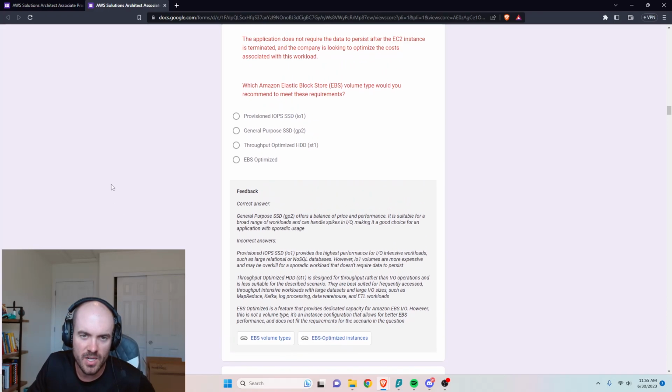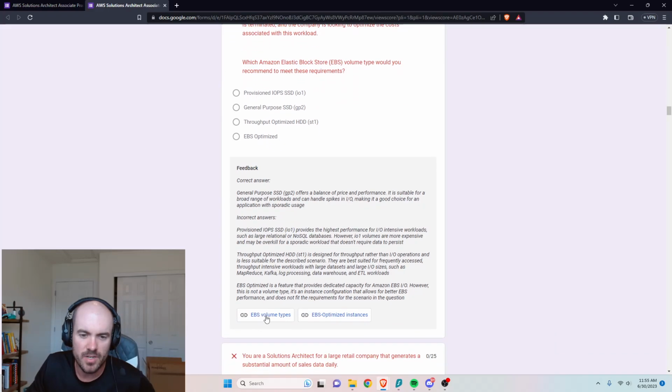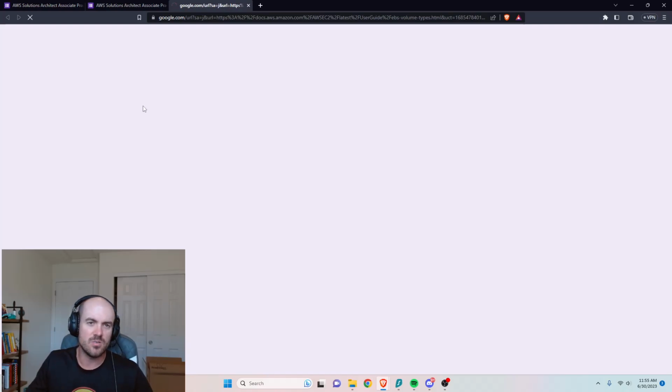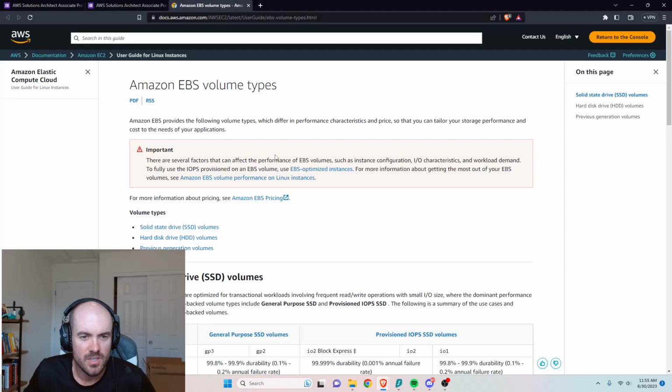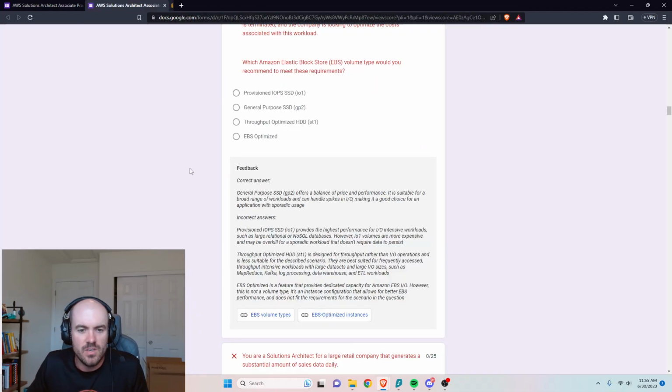So for example here, it looks like we are looking to select the right type of EBS volume. If you didn't select the appropriate type, you could just come here to EBS volume types and compare what each one looks like and figure out its use case and what its features are.